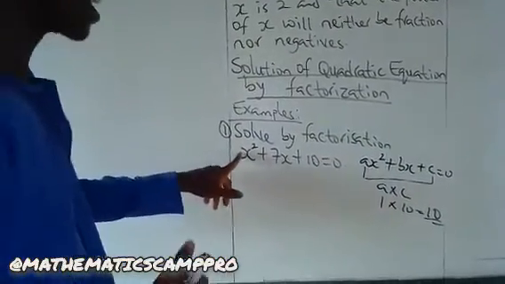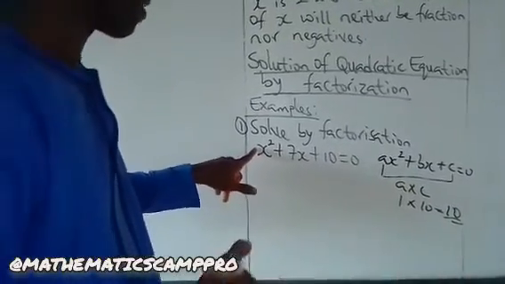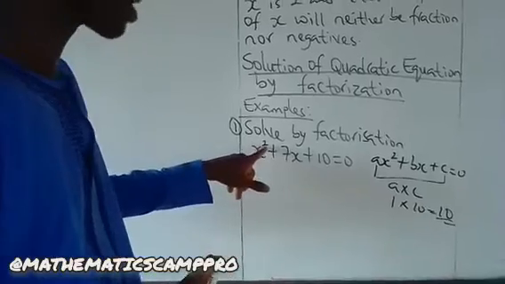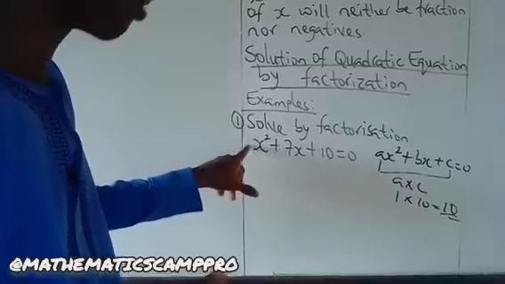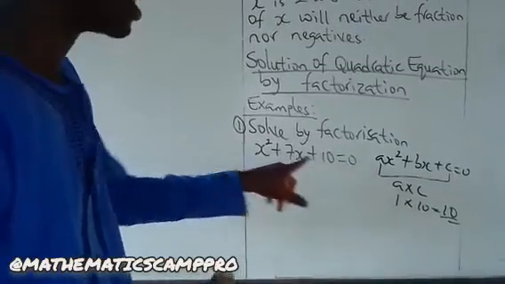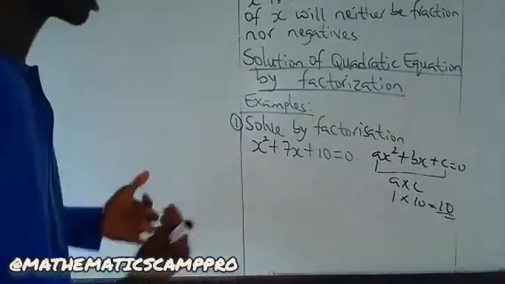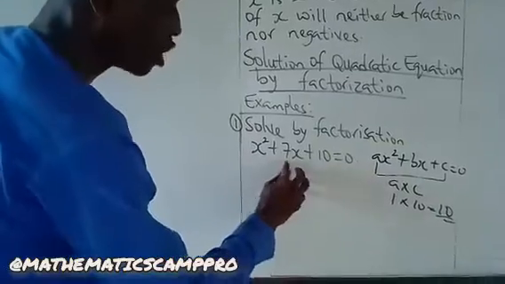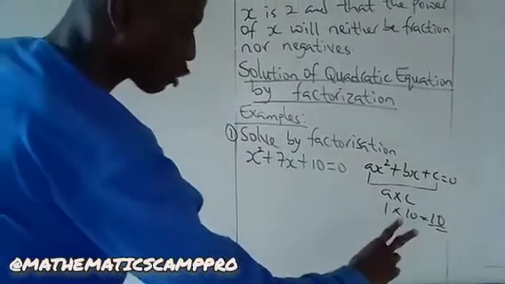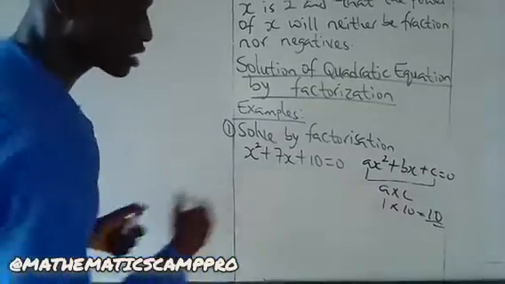You take the coefficient attached to the highest power of the unknown, which is raised to power 2. The coefficient here is 1. You carry it and multiply it with this. 1 times 10 is 10. Now you ask yourself, what are the factors of 10 that will, when added together or subtracted, give us this 7 that is attached to this x here?